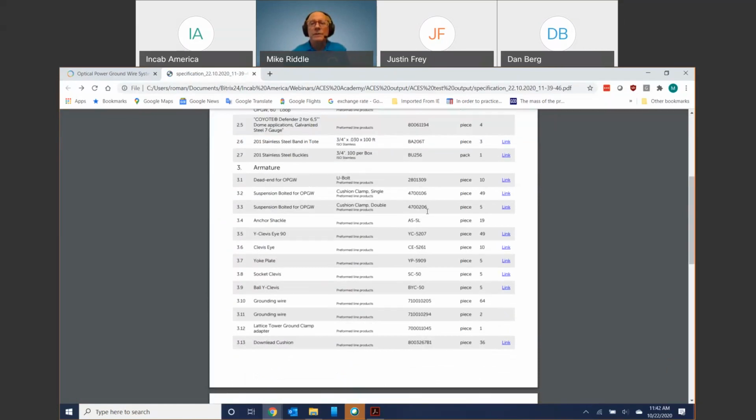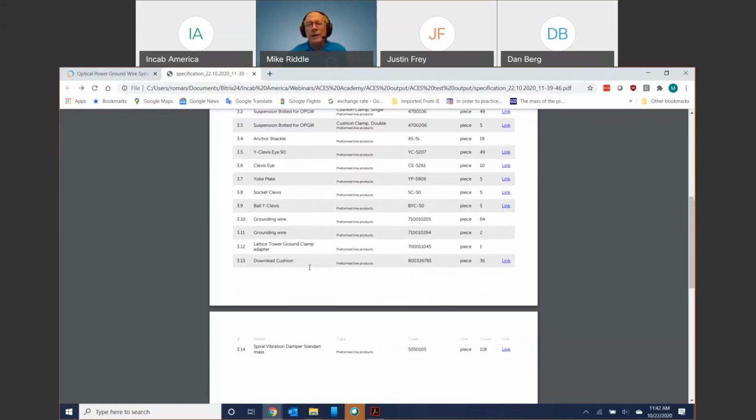You've got your suspension clamp, your double suspension, but also things like your ankle shackles, Y clevis eyes, yoke plates. All of that information is given here for you, your down lead clamps. And what we do here is down leads for OPGW, we assume, because this is kind of my thing. If it's a metal cable, I use a metal down lead clamp. If it's a plastic cable, meaning ADSS, I use a plastic down lead clamp.